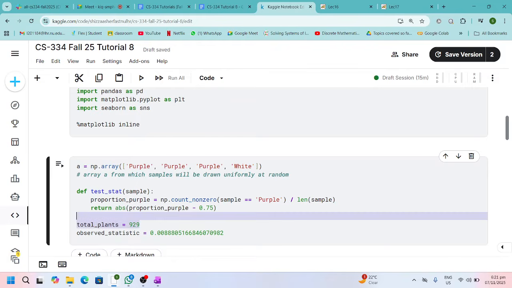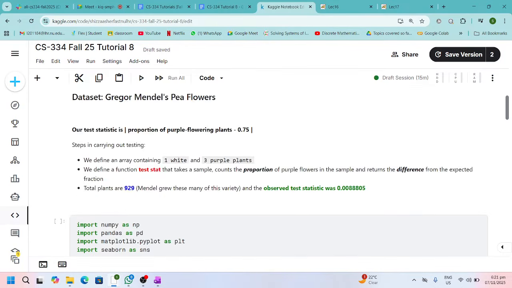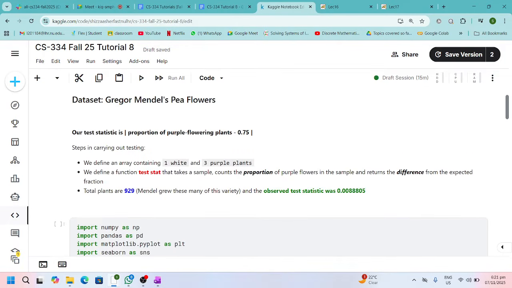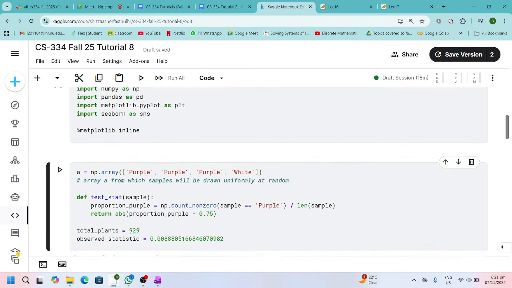In this case, we are doing this experiment for 929 plants and we are repeating this experiment 1000 times. I will elaborate a little on that as well. So अगर आपके पास 929 plants हैं तो आप उन सब plants के लिए एक distribution generate करते हैं using this rule.